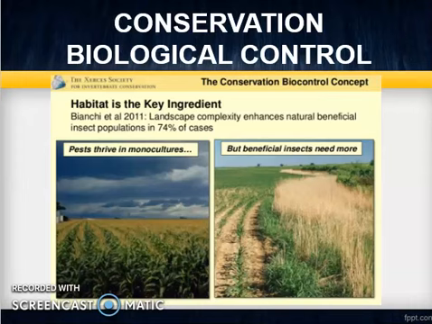Bianchi et al. 2011 stated that landscape complexity, which refers to the presence of many plant species in our agriculture field, including plants that our beneficial insects can use as a place to breed and as a food source, could enhance our natural enemy population in 74% of the cases.